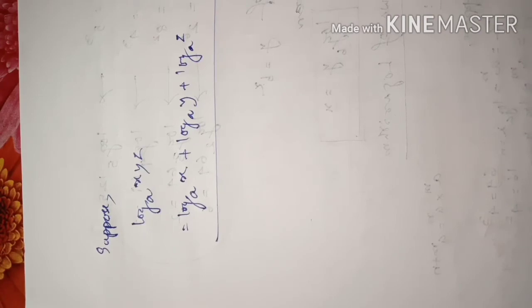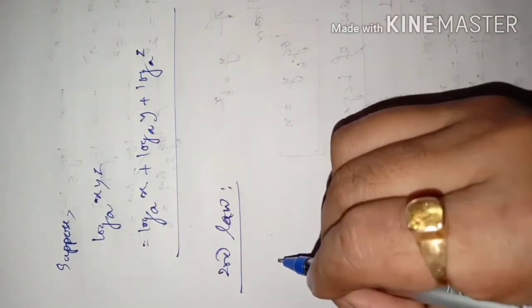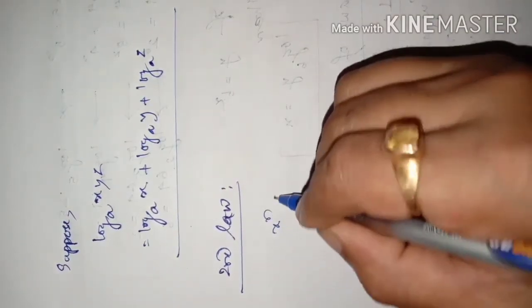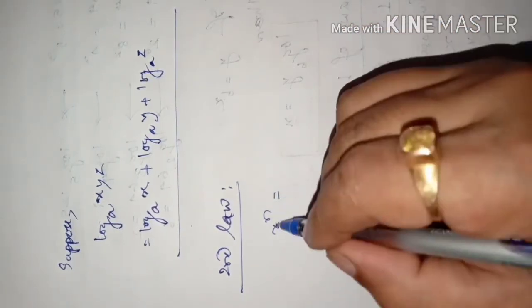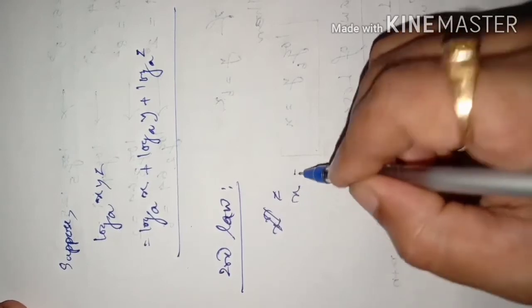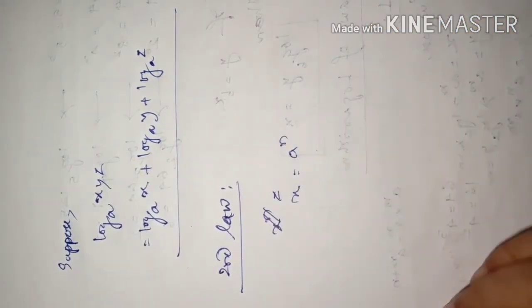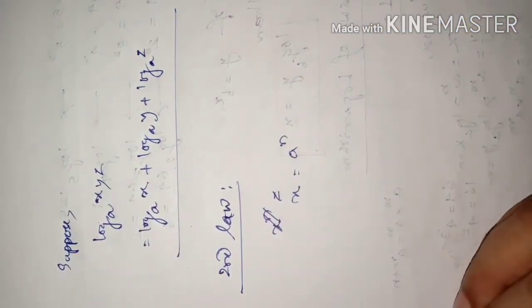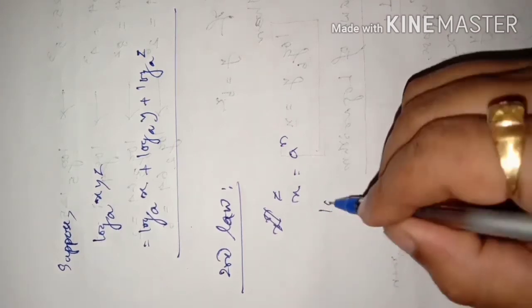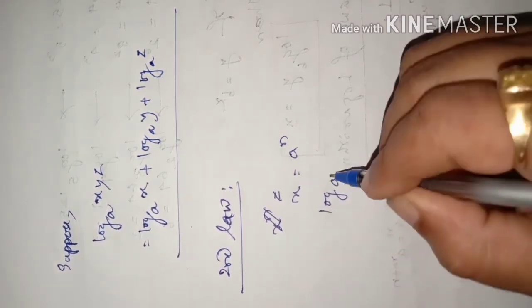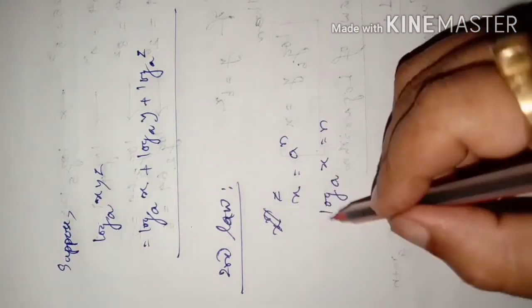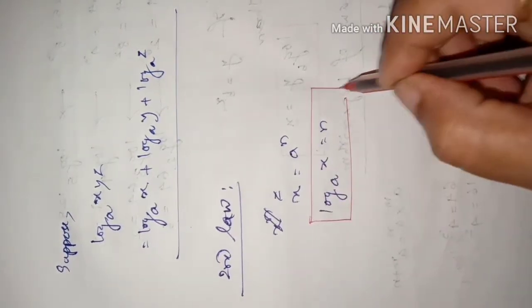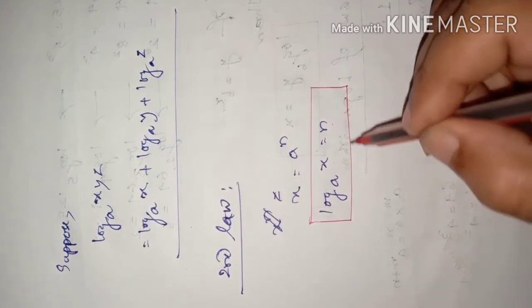The second law is here. Suppose x is equal to a to the power of n. Therefore you can say log to the base a of x is equal to n.